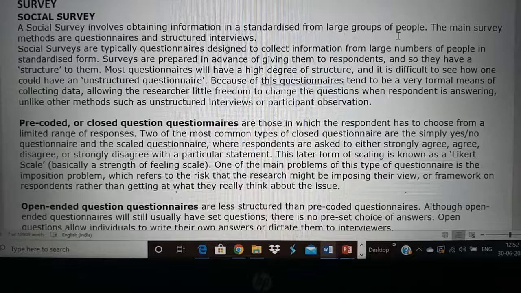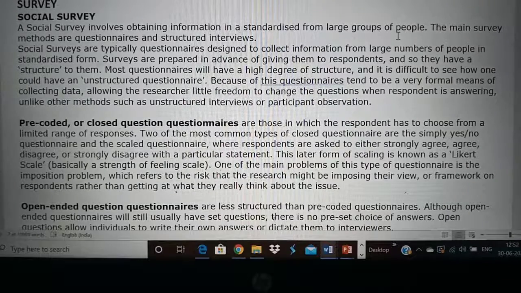There are two types of answers that you can have in questionnaires. You can have close-ended questionnaires. A closed question means the person who is answering can only say yes or no, or can only tick the choices that you have already given. For example, are you a male or a female?